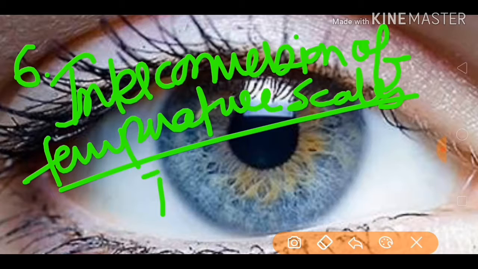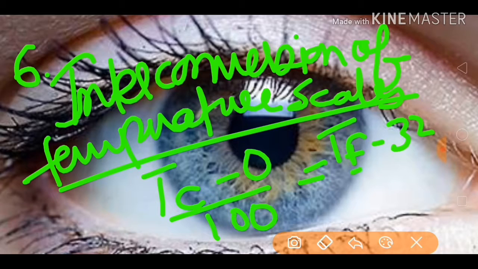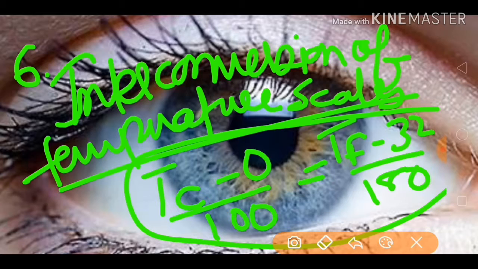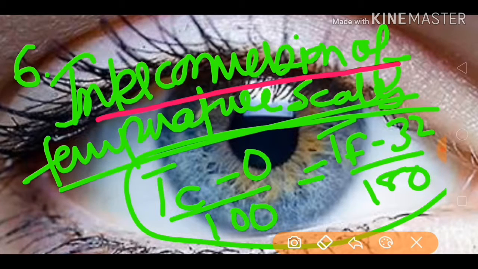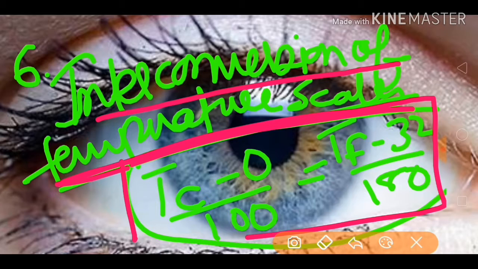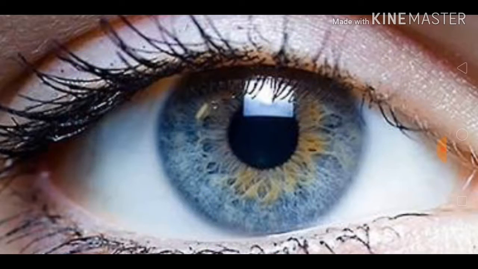So the correct expression, your equation, is (Tc minus 0) upon 100 is equal to (Tf minus 32) upon 180. This is the correct equation you have to follow for the interconversion of temperature scale, right? And this equation is the correct one, right?